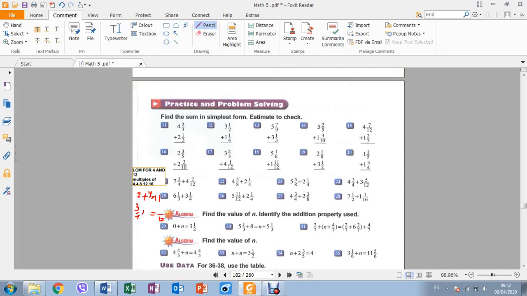When we multiply the denominator by 3, at the same time we need to multiply the numerator by 3. 3 times 3 is 9. And 3 times 4 is 12. Now the second one is 12, so leave it. Only we add these two fractions together.